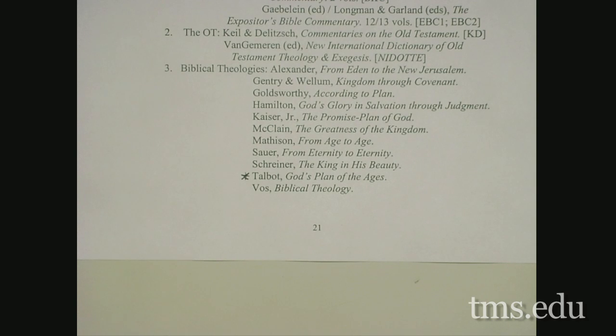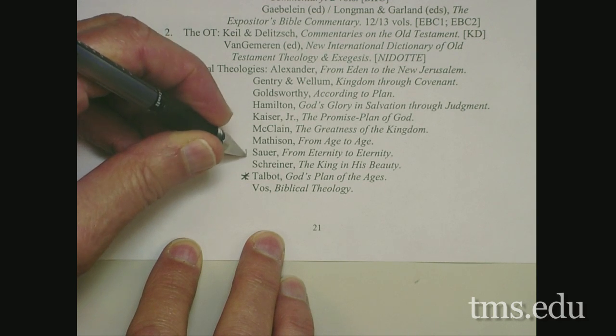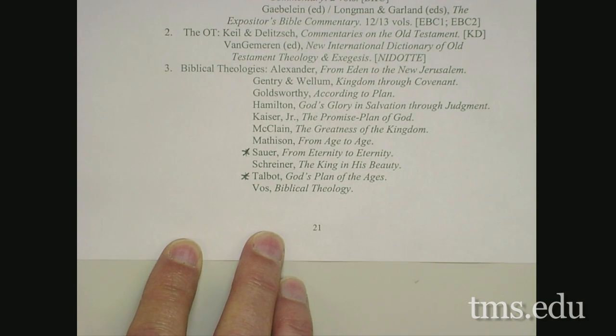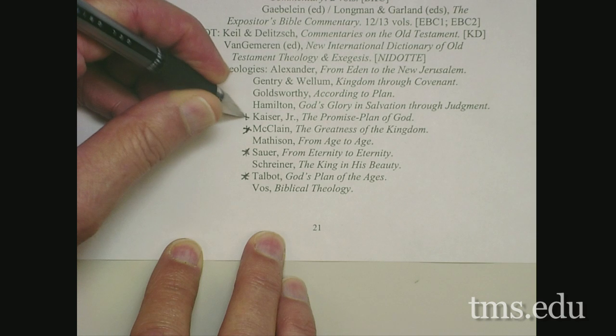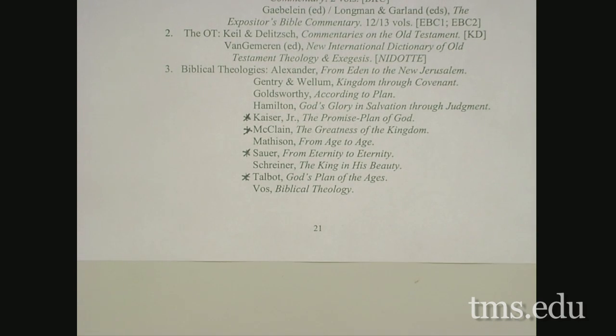At the very beginning of the 20th century, men were already trying to put the whole Bible together from beginning to end. And Eric Sauer, a German theologian, Alva J. McClain, and Walter Kaiser.